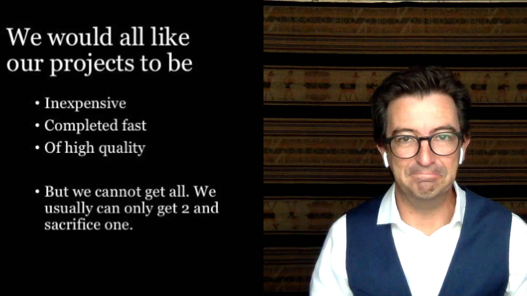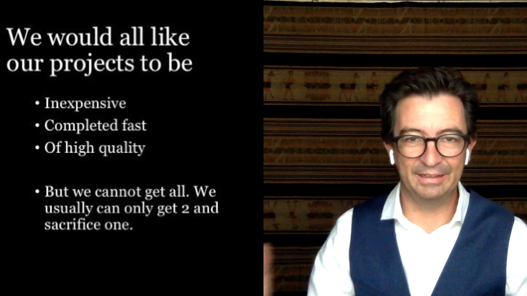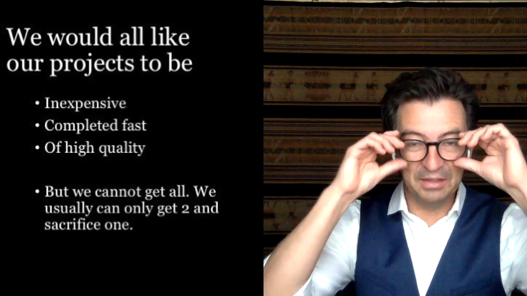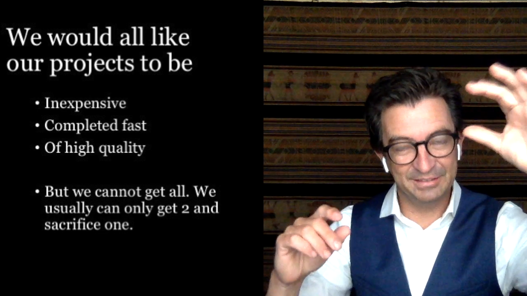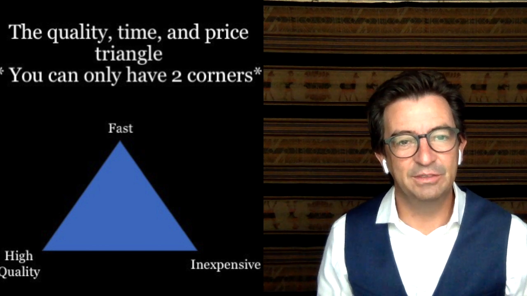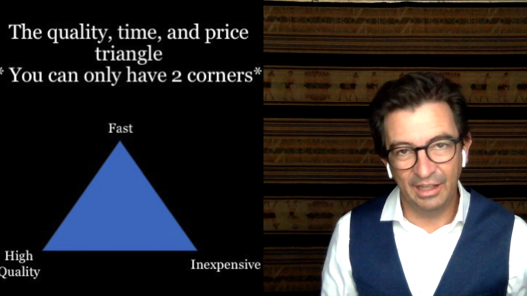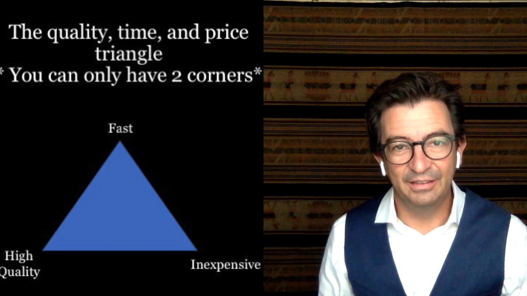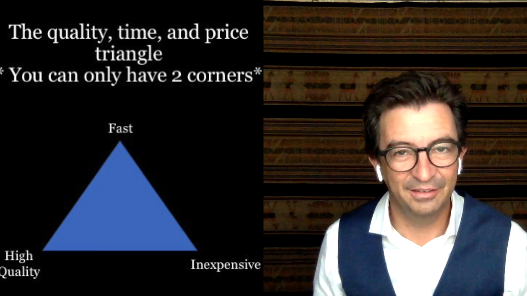When you're faced with a task, you can choose between doing a fast job, an inexpensive job, or a high quality job. So in the real world, you can only have 2. If you want something that is high quality and inexpensive, then you're sacrificing how fast, right?